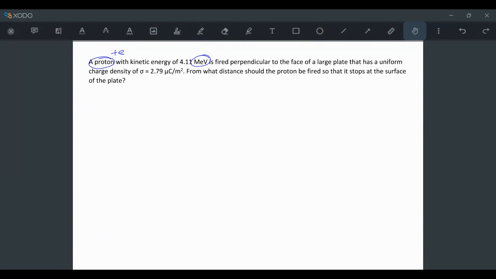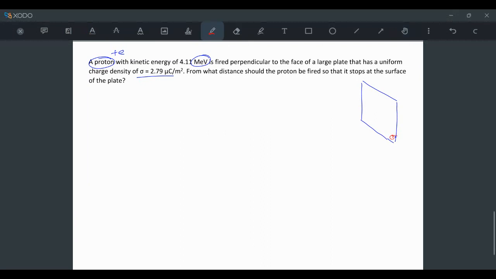So the way to read this is we have a proton with some kinetic energy. It's fired perpendicular to the face of a large plate that has a uniform charge density of sigma, 2.7 microcoulombs per meter squared. We're asked what distance the proton should be fired from so that it stops at the surface of the plate. So what we have going on here is a large plate.